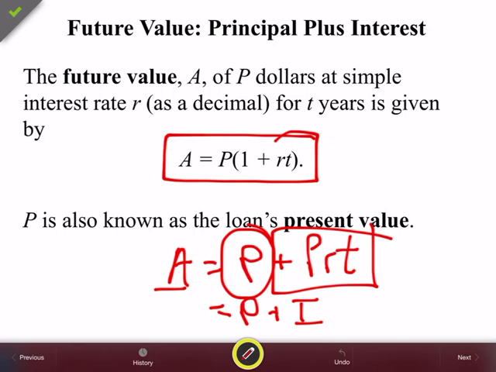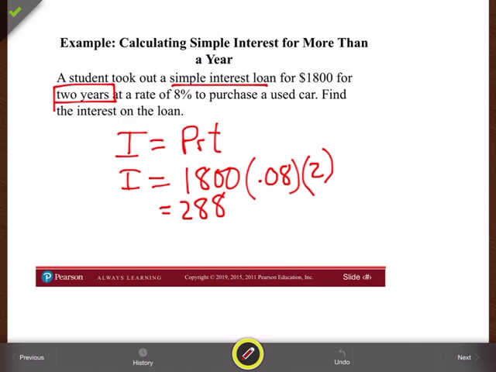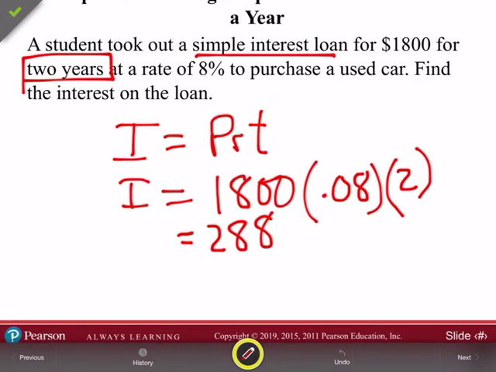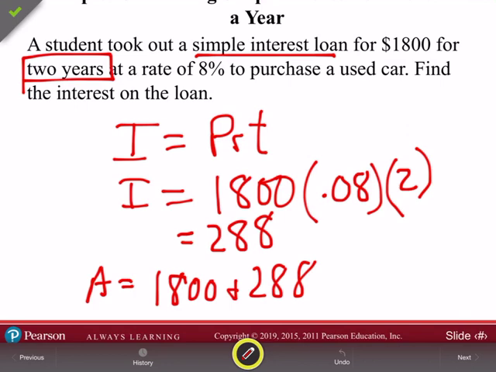And that should make sense, because if we looked back at the previous problems, the future value of the car loan problem, or the student loan for the car, is $1,800 plus the $288.